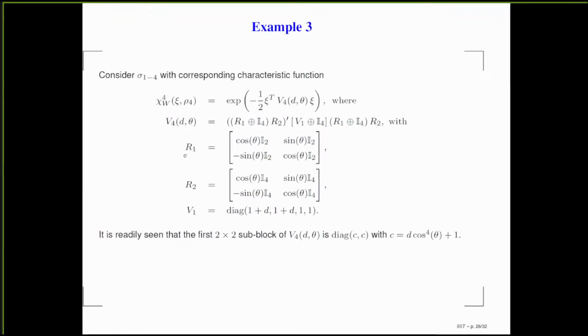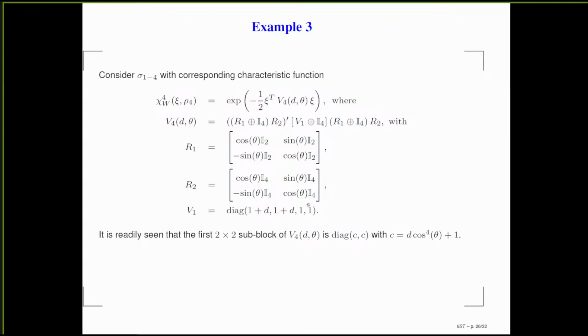So for that we consider this 4 mode state, the only difference is that here we liberate the requirement that we are using 50-50 beam splitters. So we use arbitrary beam splitters, and the first mode is the cent mode. The energy is fixed using this entity C, which is d cos for 4 theta plus 1. Fixing theta and 1, you fix the cent mode variance matrix.